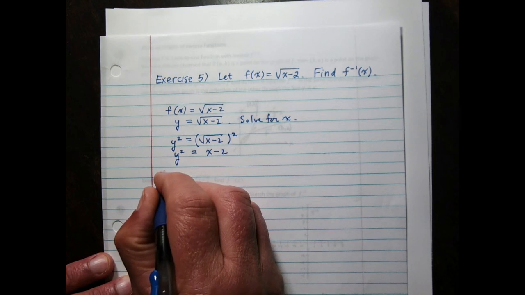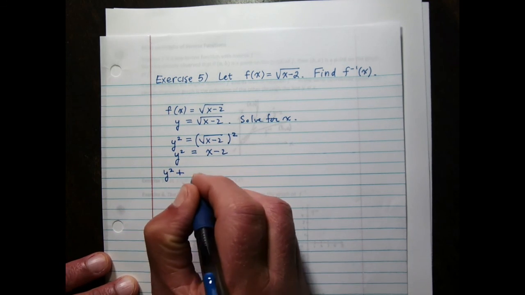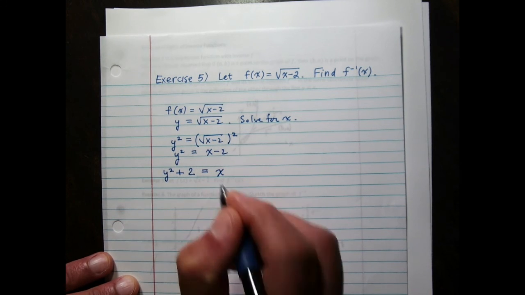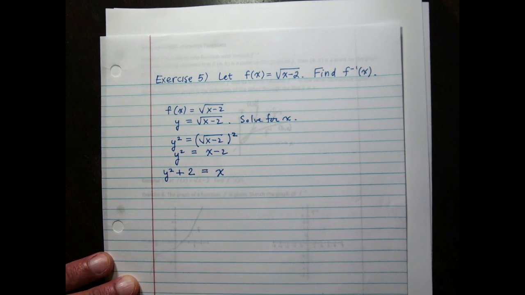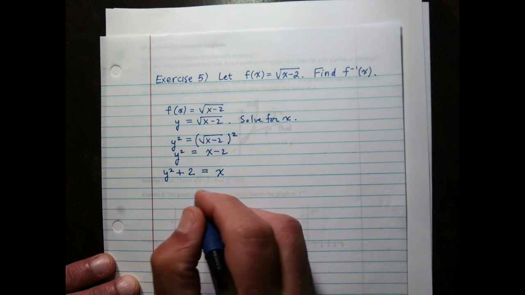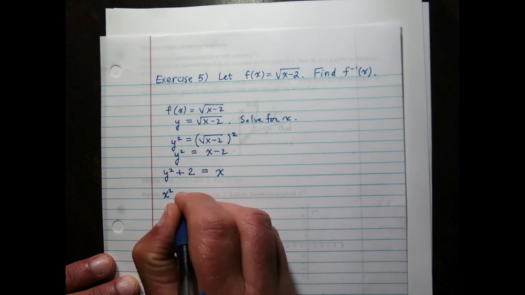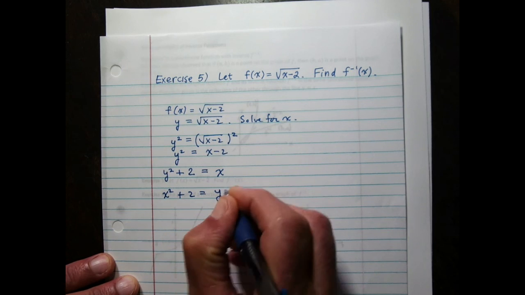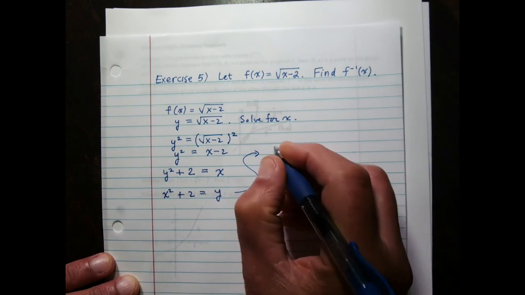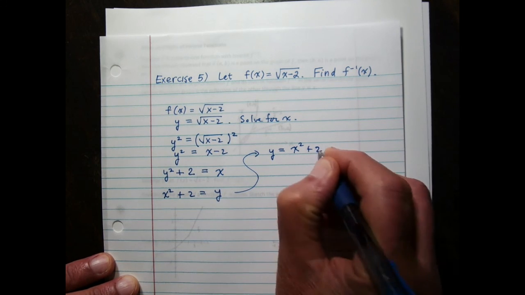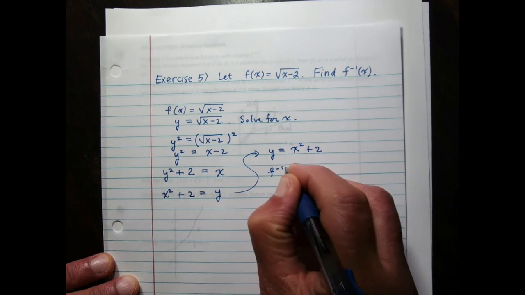And now to solve for x, I just have to add 2. And I have x solved for. So I can switch the variables, right? And let's see here, I can write that as y equals x squared plus 2. And now I can write inverse.